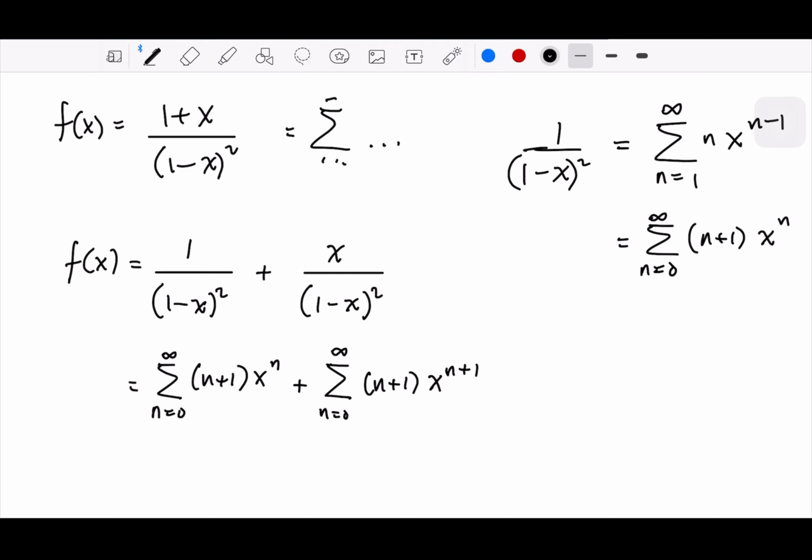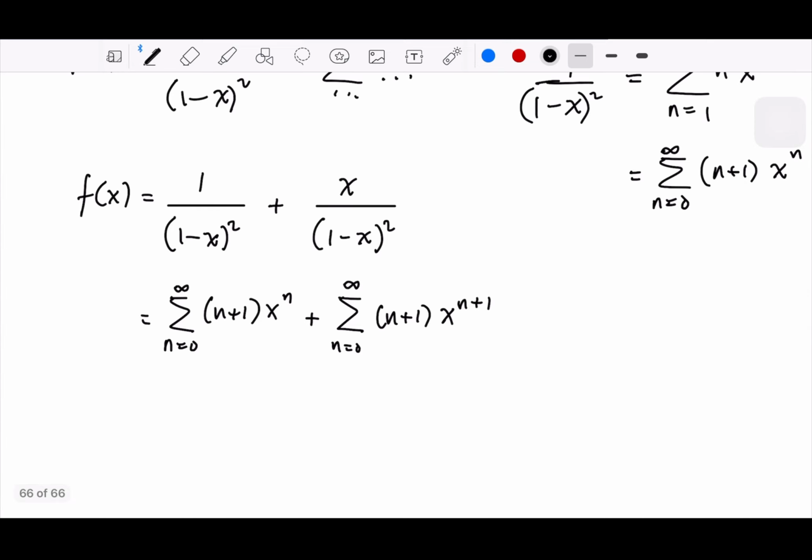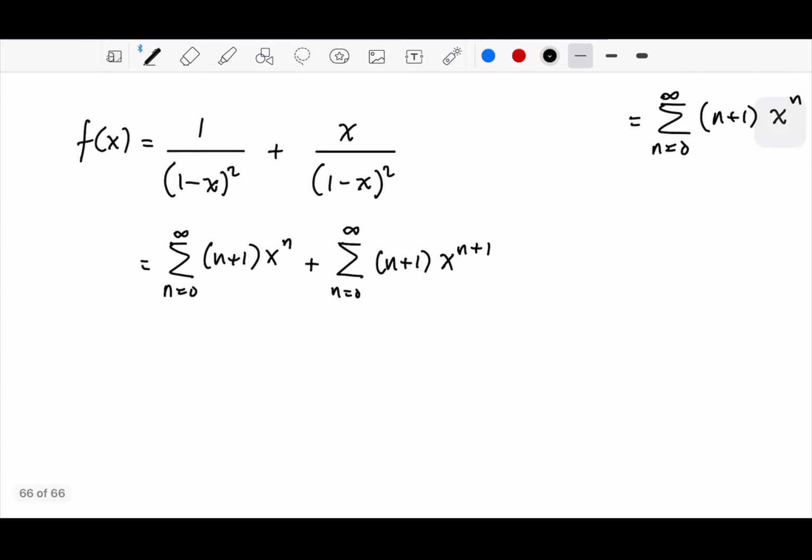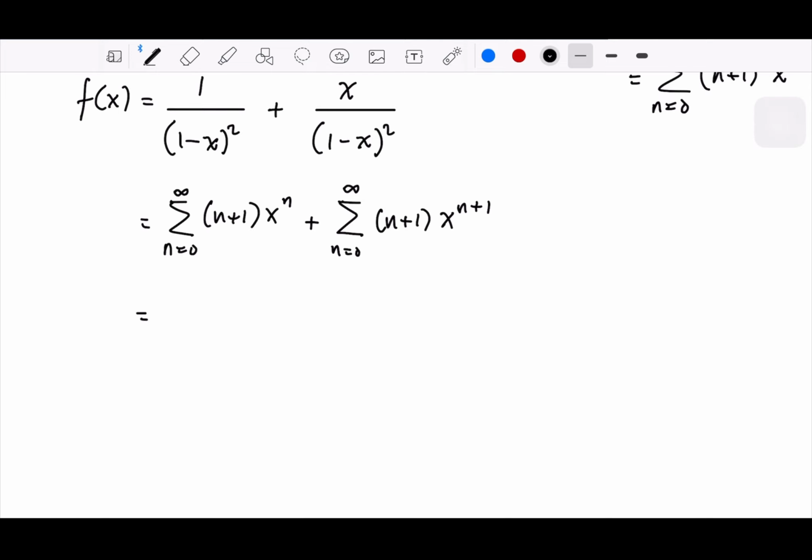It seems that we can try to make it into one sum of the series. If you look closely, this is starting from 0 and this is plus 1.